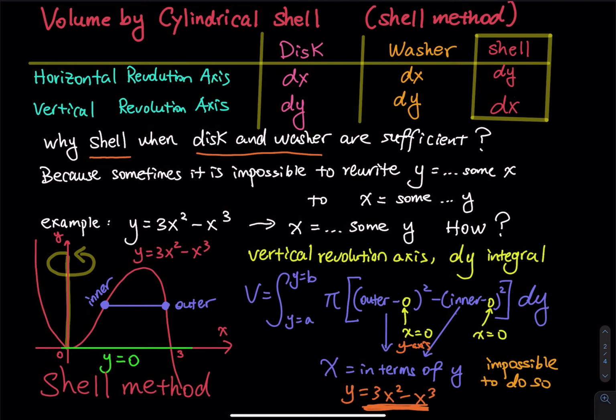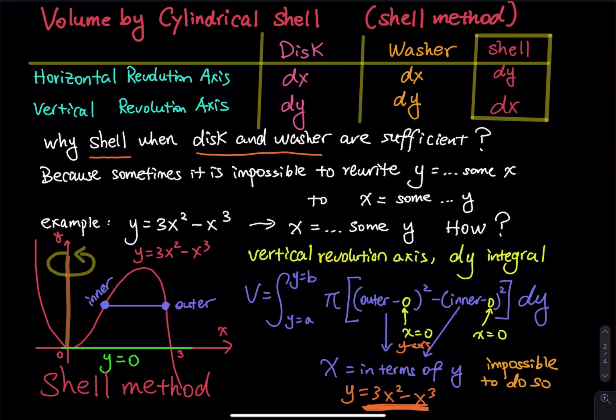Since you cannot do that, that means you are not able to set up the integral at all. So if you force yourself to use the washers method, you are not able to set up the integral at all. You don't even have an integral to find the volume, because everything makes no sense right here. Since you are not able to put x equals some y, this is totally meaningless. There is no way to move on at all.